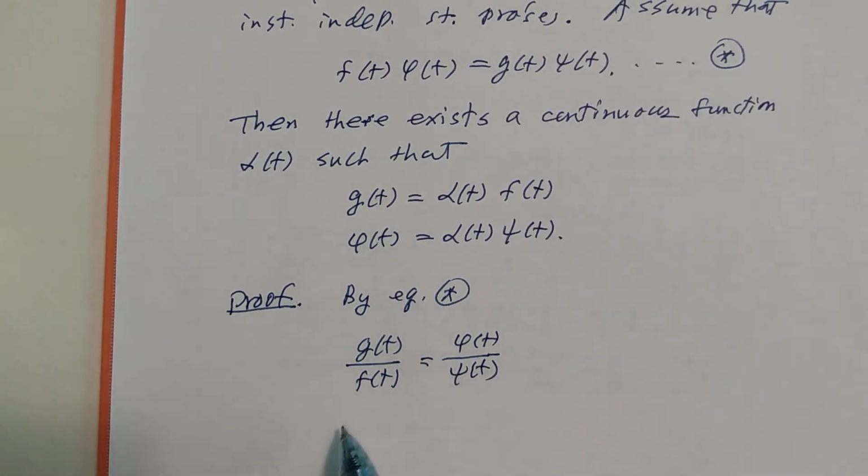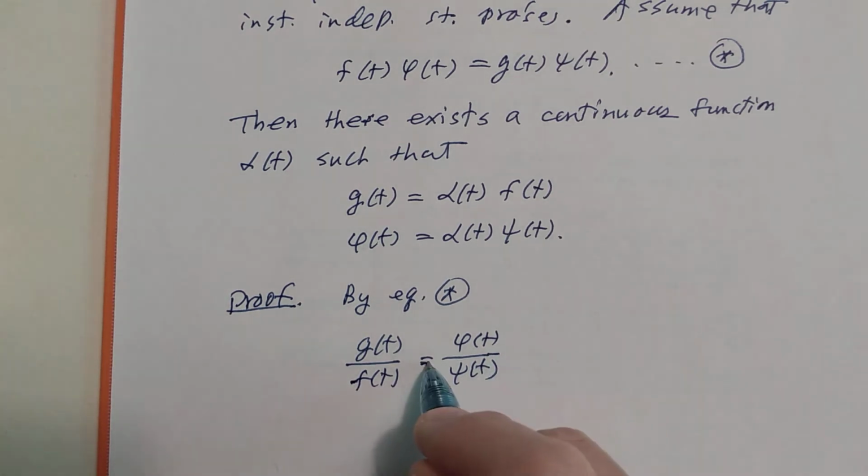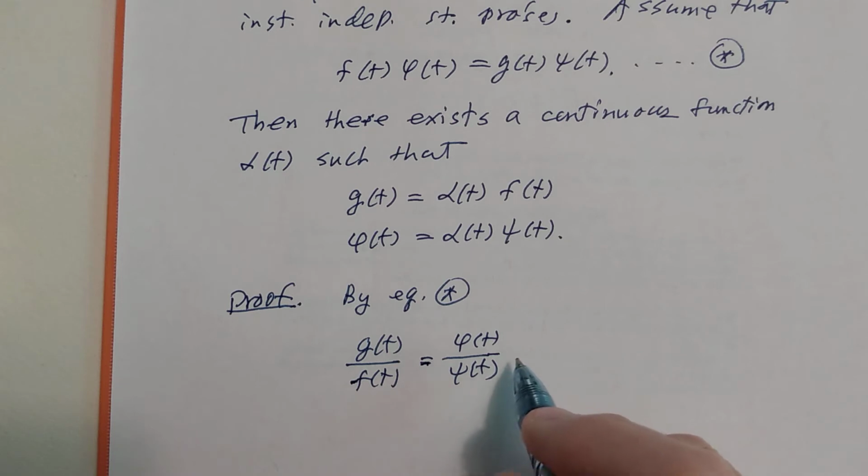And by the way, here we assume that f_t and psi_t don't take the value 0. It's technical, if they are 0, it's very technical to verify, but nevertheless, that can be done.